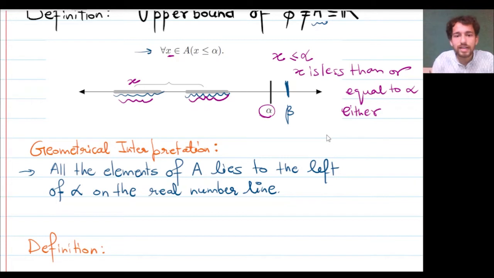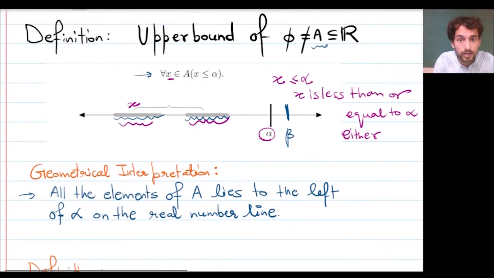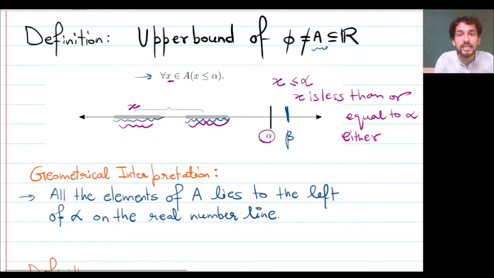Whatever property the elements x of my set A were satisfying in respect of alpha, they will still satisfy in respect of beta, because every element of my set, geometrically, is less than alpha. So of course they are less than beta also, because beta is greater than alpha.